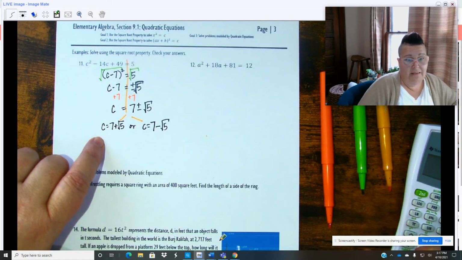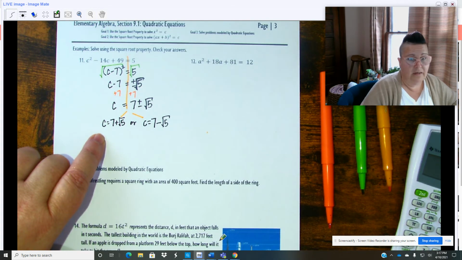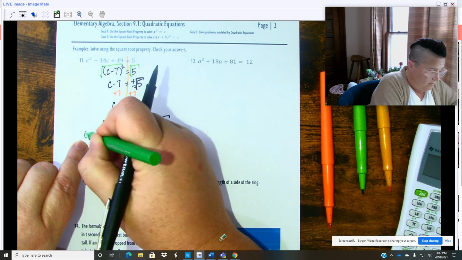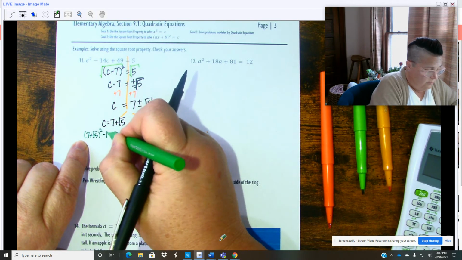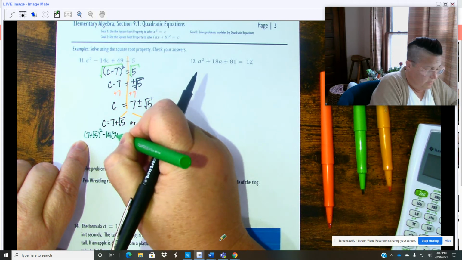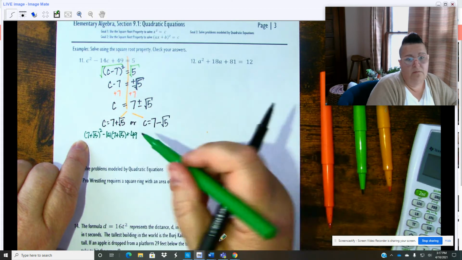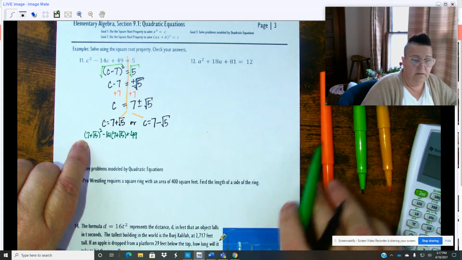And if we're checking them, the check is not going to be fun. If we're checking them, we have 7 plus the square root of 5 squared minus 14 times 7 plus the square root of 5 plus 49, right? We want to put this 7 plus square root of 5 in wherever we see a c.